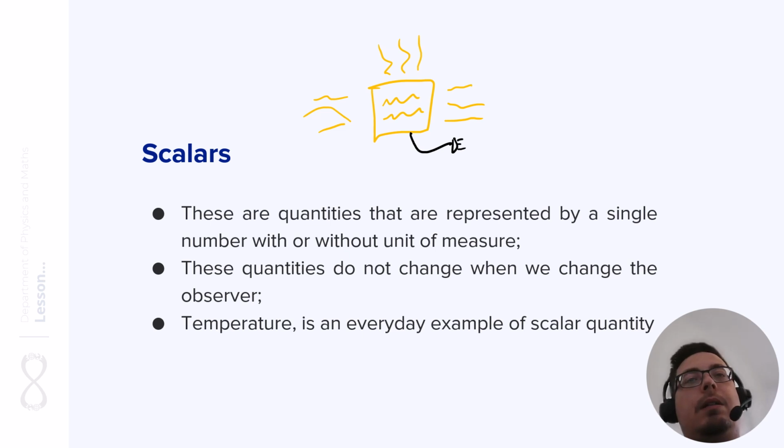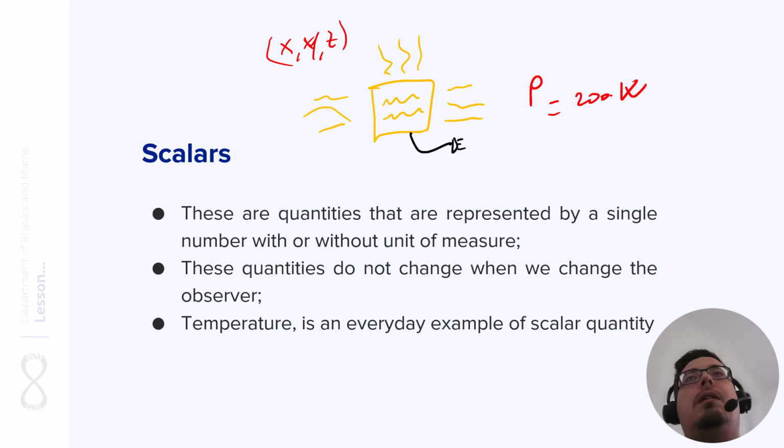The power consumption can be 200 watts, for example, and this number doesn't depend on whoever is watching or wherever you put the heater. Wherever you place the heater, in X, Y, and Z position, the power consumption will be 200 watts, okay?